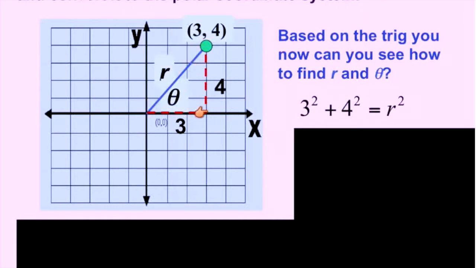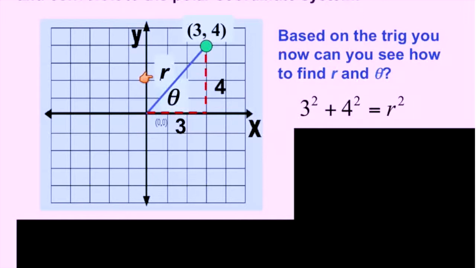When I draw in my right triangle here, we know that if it's 3, 4, that means on the x-axis it's a distance of 3. On the y-axis it's a distance of 4. Theta is the angle in between that this makes, and r is your radius.